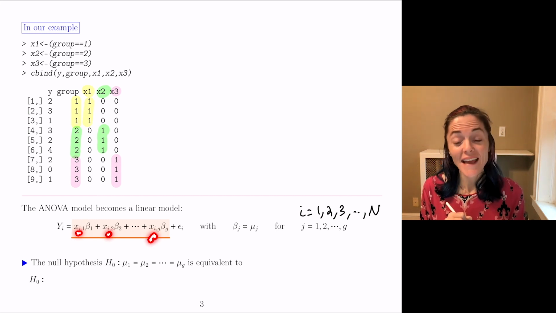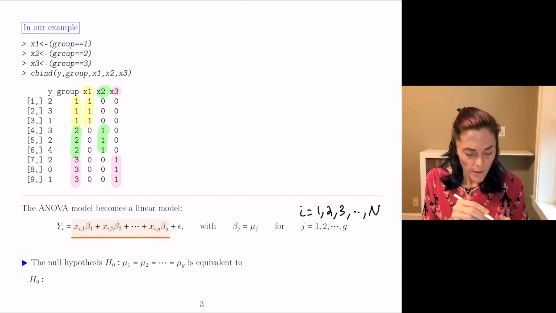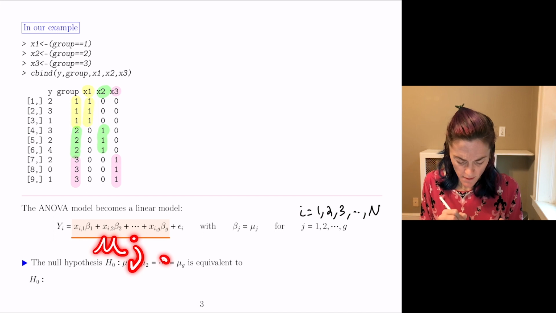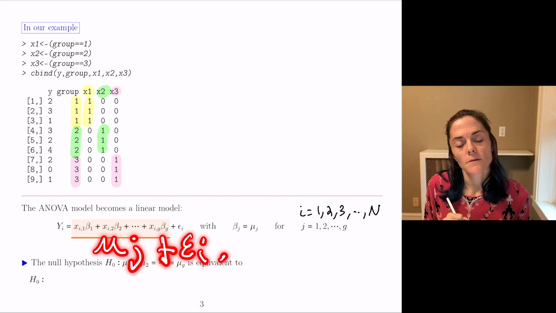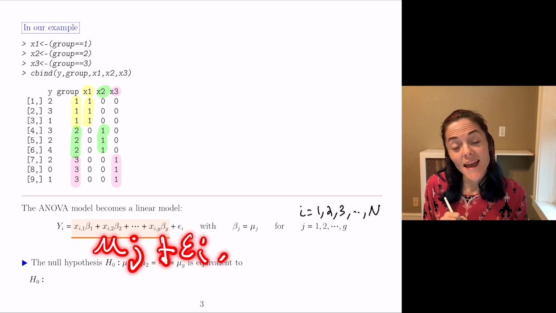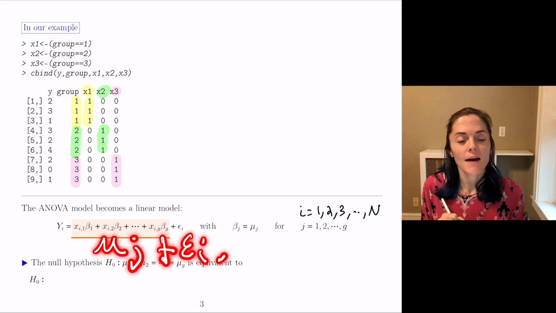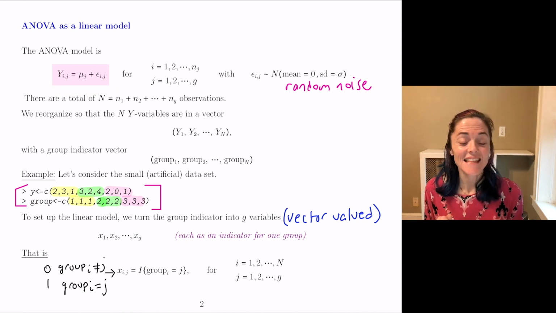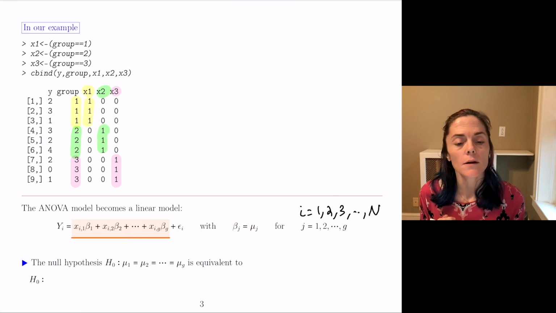So for any given capital Y, we have 1 mu here, like this, where the mu sub j comes from the group that yi is in. So it's exactly this. It's just thinking about this in terms of a linear model.